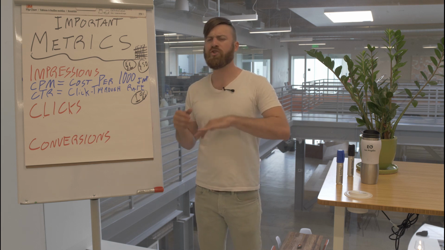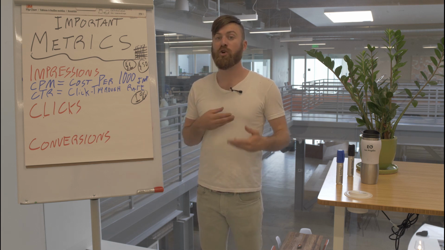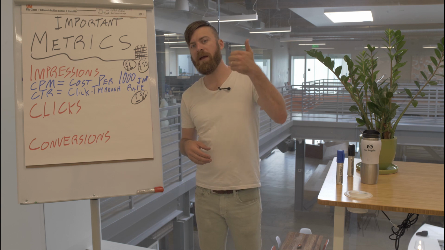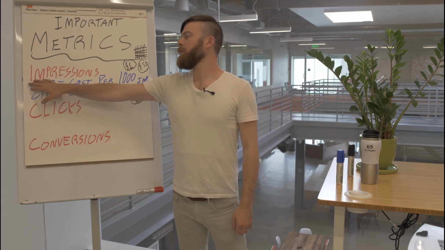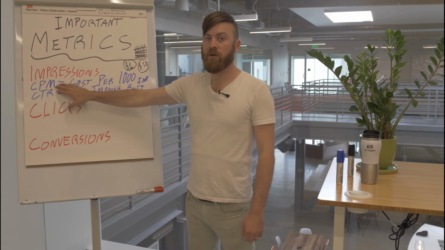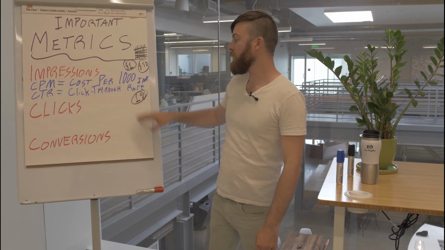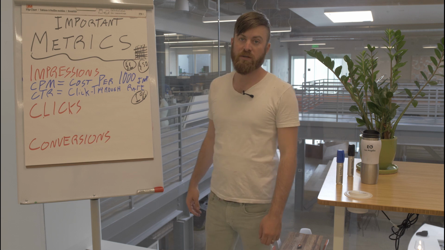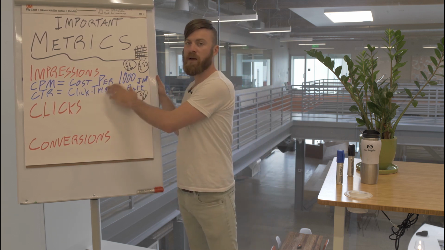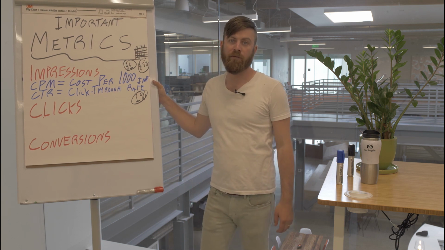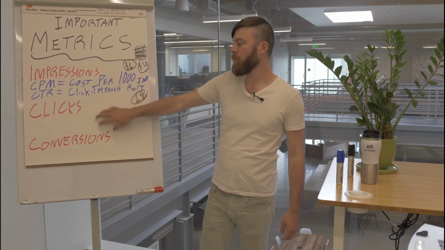Is this above average or below average? These are good questions to be asking. Are you getting better clicks than normal or lower clicks than normal? Other things to understand are: are you paying a good CPM, or can you spend less money per 1,000 impressions? Generally speaking, you want to pay as little as possible for your impressions, etc.